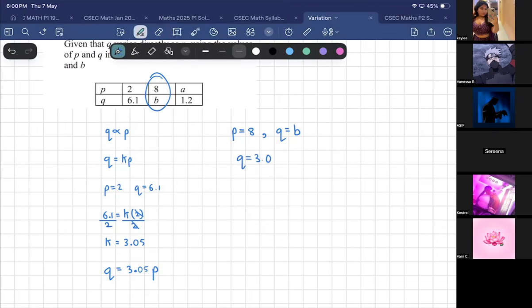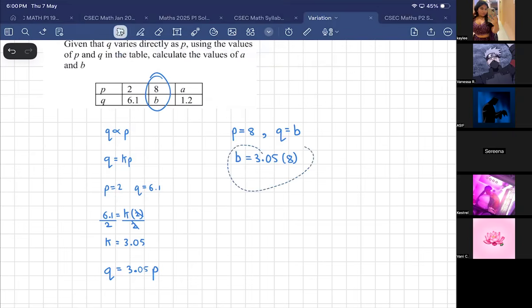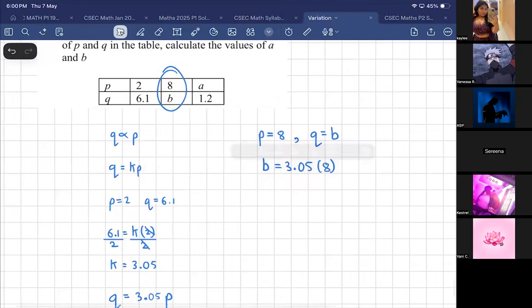So it's Q equals 3.05 times 8. And in this example, Q is actually what? B. Right. So instead of writing Q, we will write B. I should probably write the full working above so when you look back at this, you don't get confused.